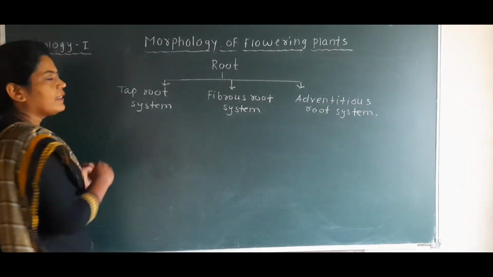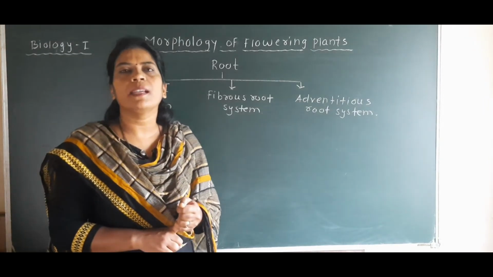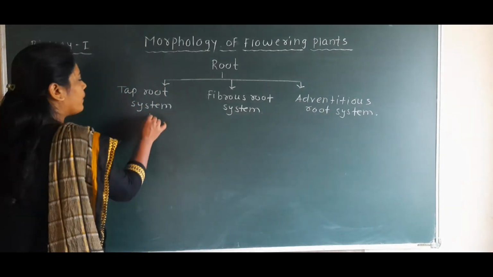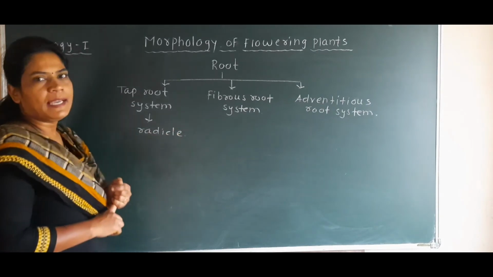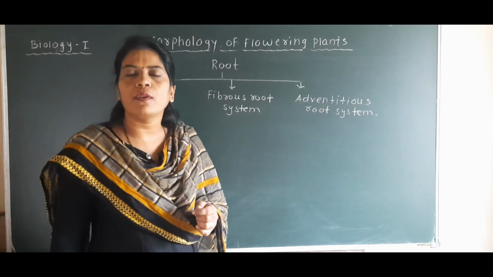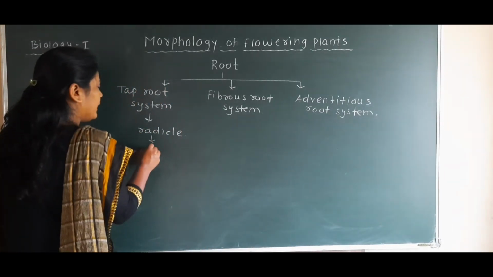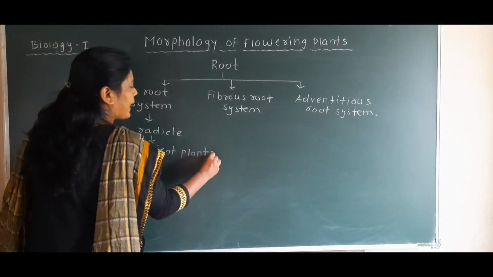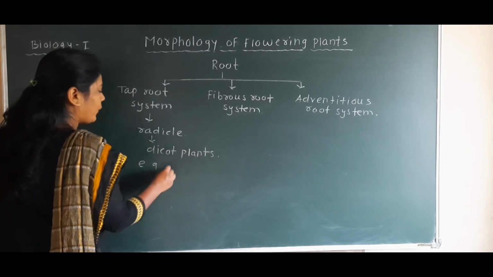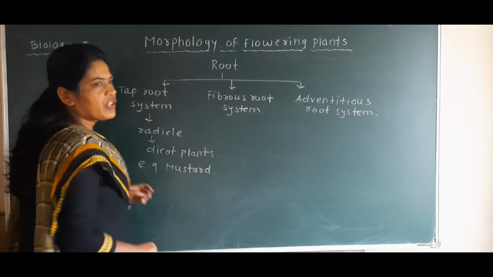So this taproot system is developed from the radicle. We have seen what is meant by radicle. These taproots are developed from the radicle of the seed. It is majorly found in dicot plants. We have also seen what is meant by dicot plant. An example of it is the mustard plant.